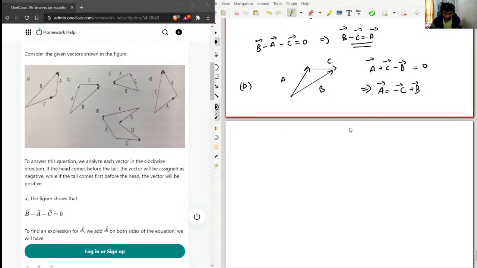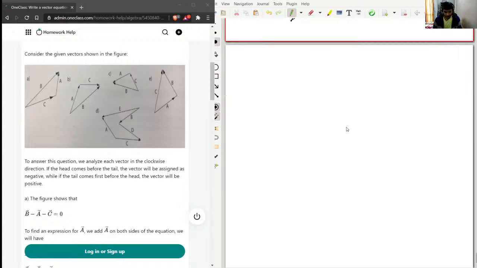So I'll go for the C figure. For the C1, I have this straight vector here, A, and then I have one vector like this, C, one vector like this, B, and now let's start from this point.